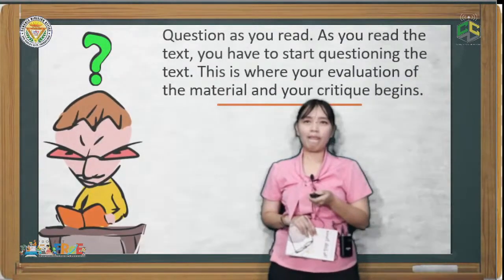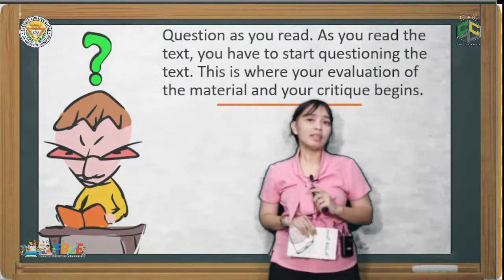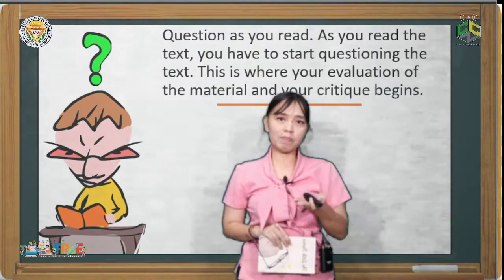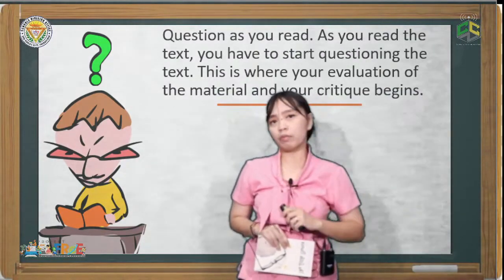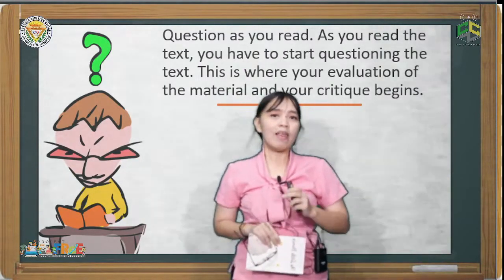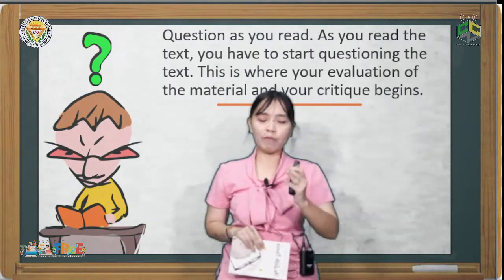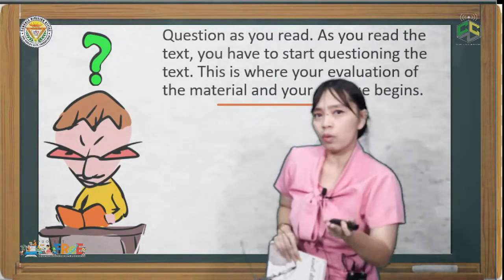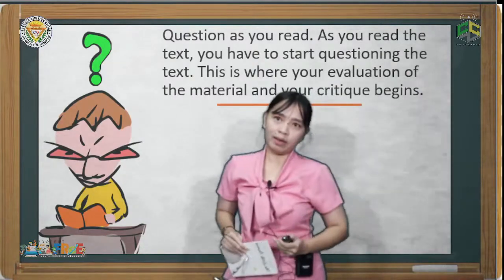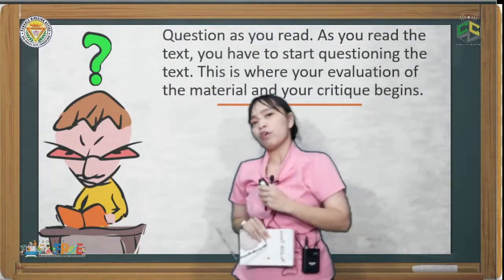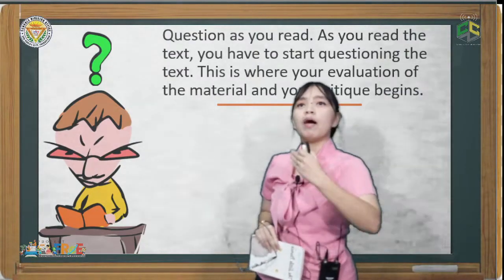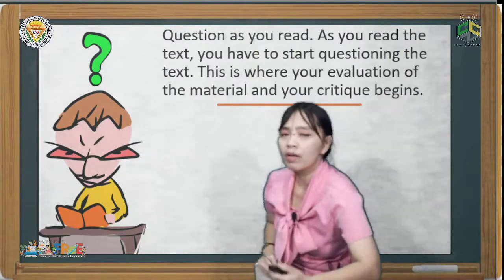Also, this is very important. In any form of academic writing, just like a critique paper, I would like to reiterate that writing a critique paper is a great example of an intellectual discourse in writing. It is an academic form of writing. And so it is very important that you come up with the act of questioning.